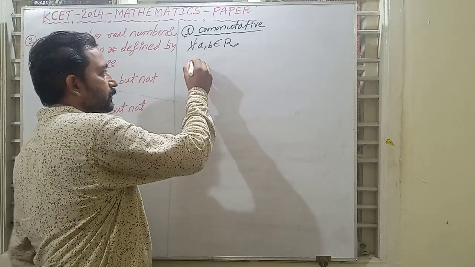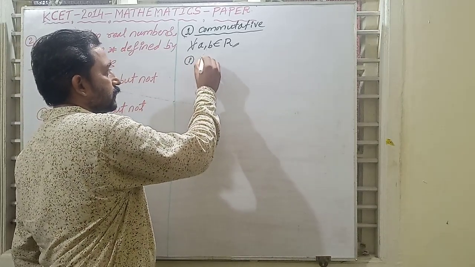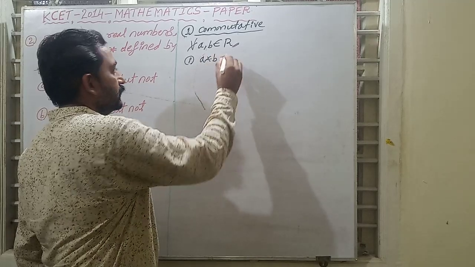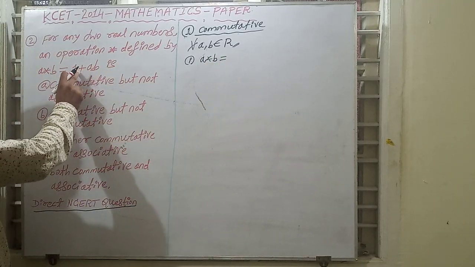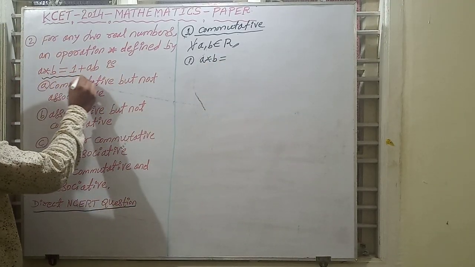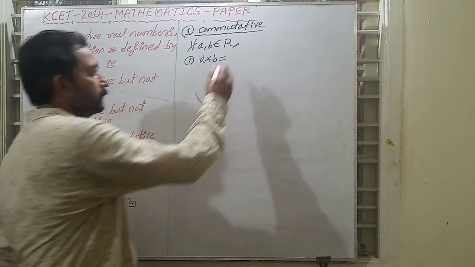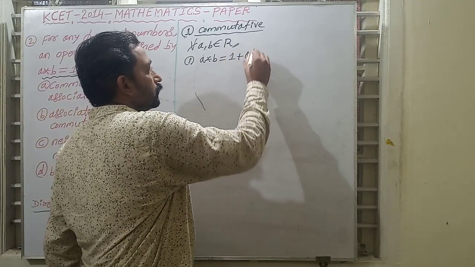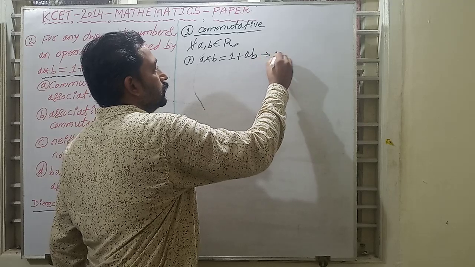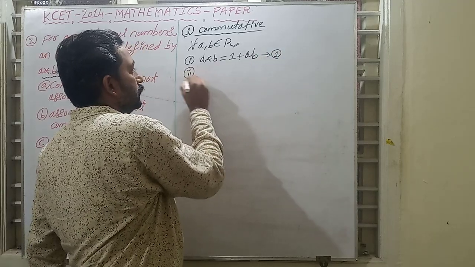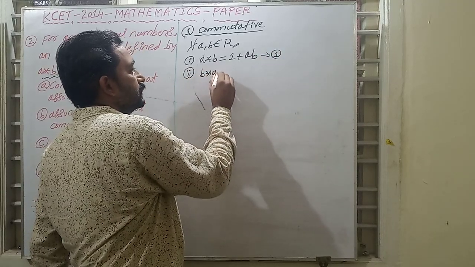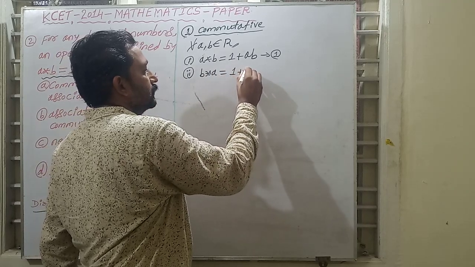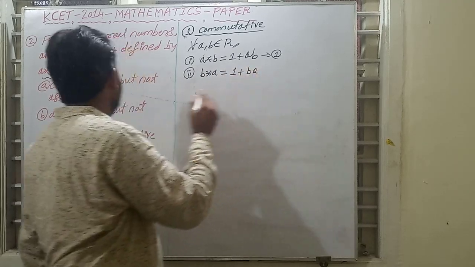So first take a star b. According to the definition, a star b is equal to 1 plus a into b. This is equation 1. Second, b star a can be written as 1 plus b into a by definition.